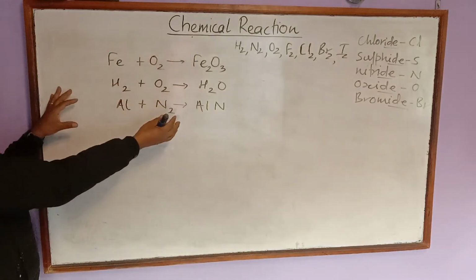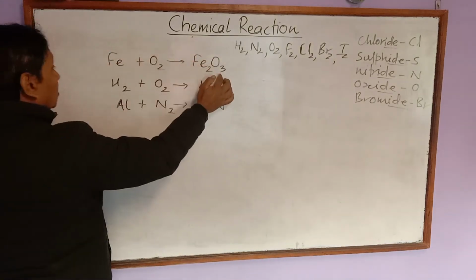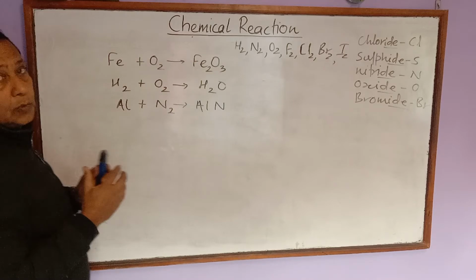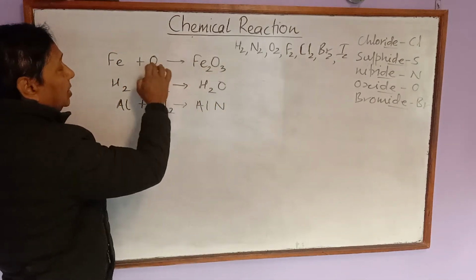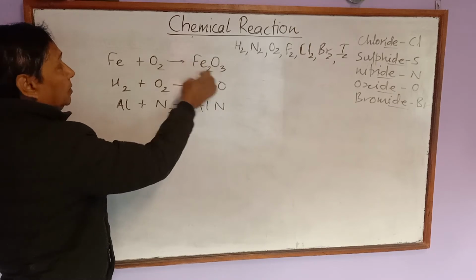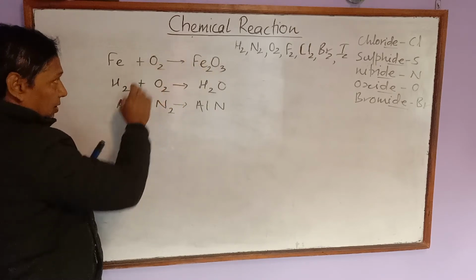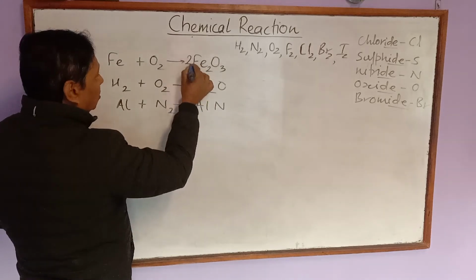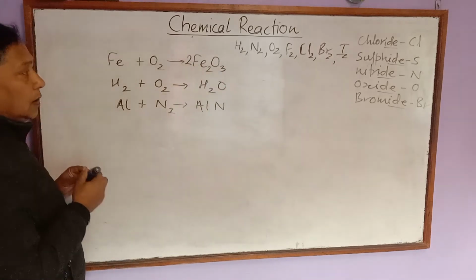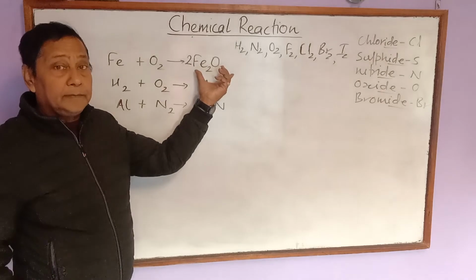Now, how to balance this? I suggest you go through the hit and trial method. Here oxygen is 3, here it is 2, here is an odd number, here we have an even number. If it is so, then it is better to put 2 in front of the odd number and make it even.